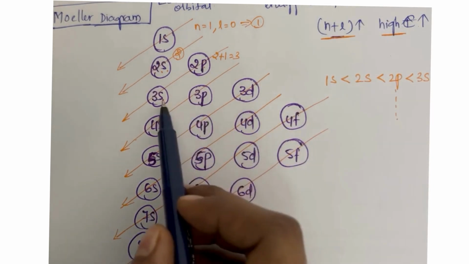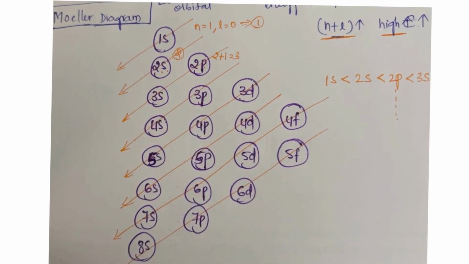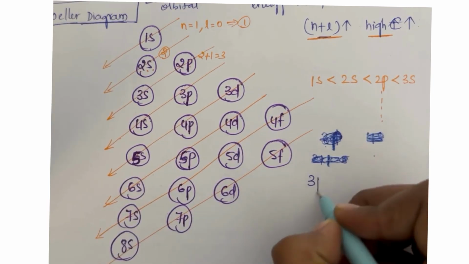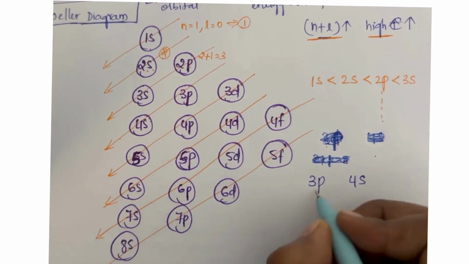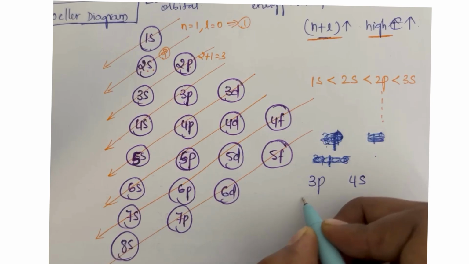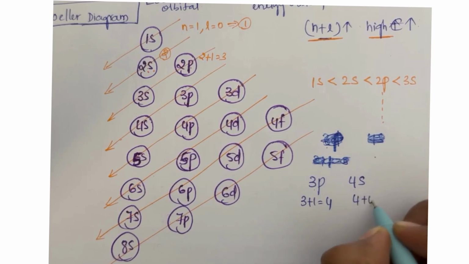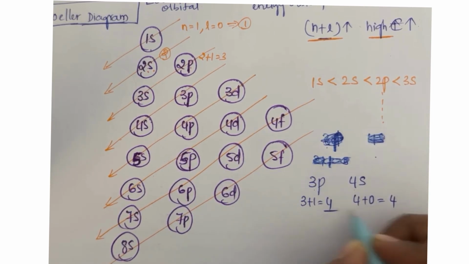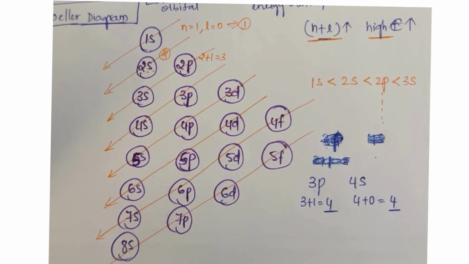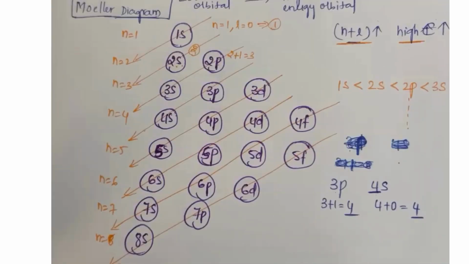Suppose two orbitals have the same n plus l value, for example 3p and 4s. Here the n plus l value is 3 plus 1 equal to 4, and here also 4 plus 0 equal to 4. So the n plus l values are the same for both orbitals. Then to decide which orbital the electron has to be filled into, we need to look at the n value.